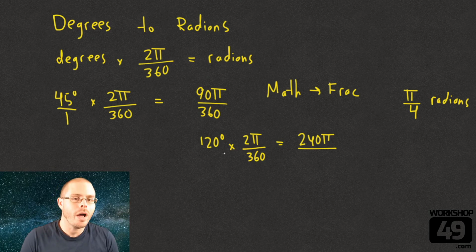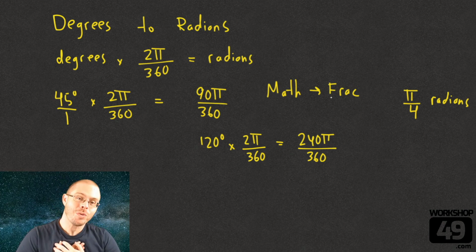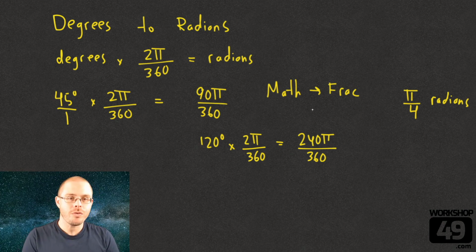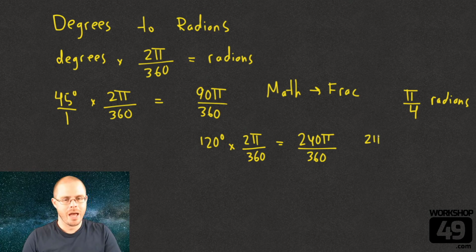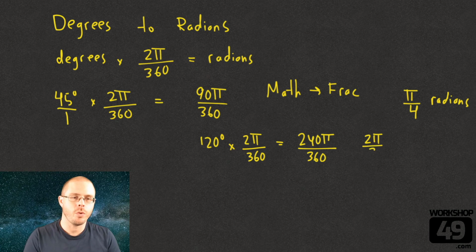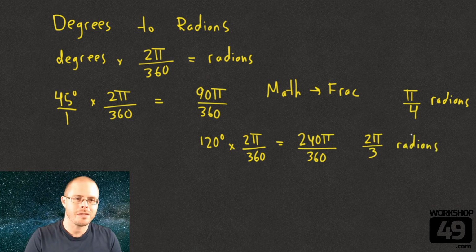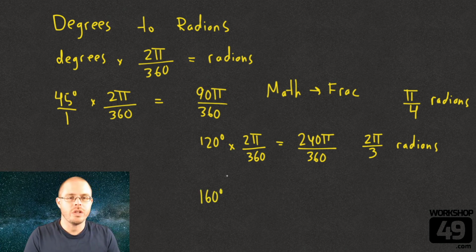Yeah, I know, it's over 1, but I'm not going to write it every time. 360 is still in the bottom. 240 over 360. If you can reduce that yourself, beautiful. If you can't, use your graphing calculator. Press 240 over 360, math, frac. It'll reduce it for you. 2 pi over 3 radians. You could have reduced that by factoring things out if you needed to.